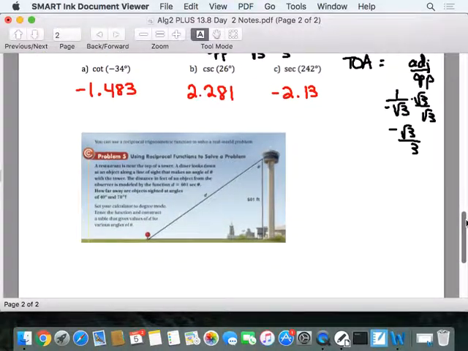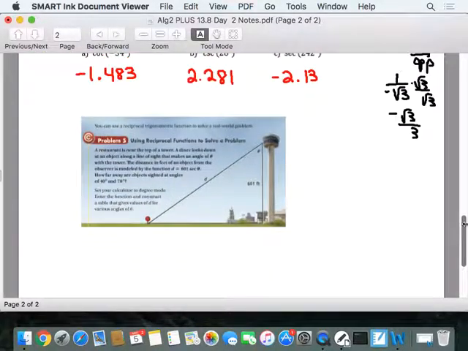All right, last problem. It says you can use a reciprocal trigonometric function to solve a real-world problem. It says a restaurant is near the top of a tower. A diner looks down at an object along a line of sight that makes an angle of theta with the tower. So you can see to the right where theta is.